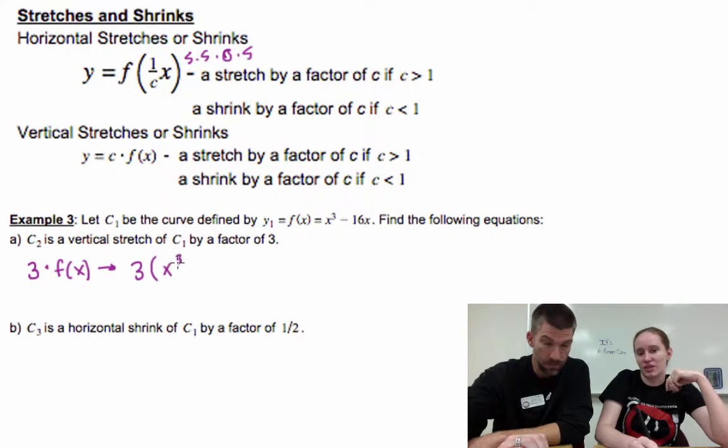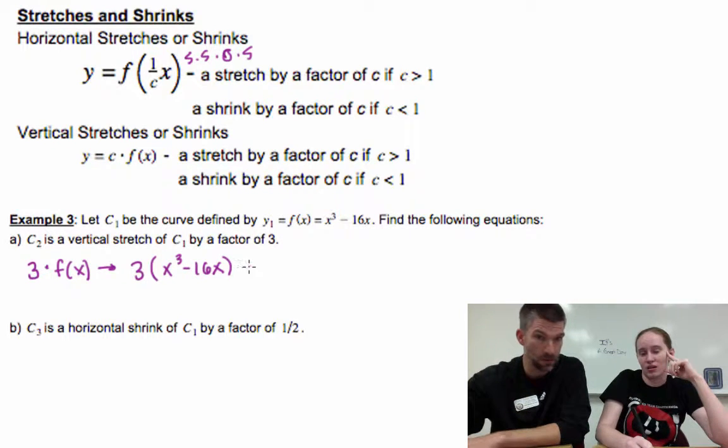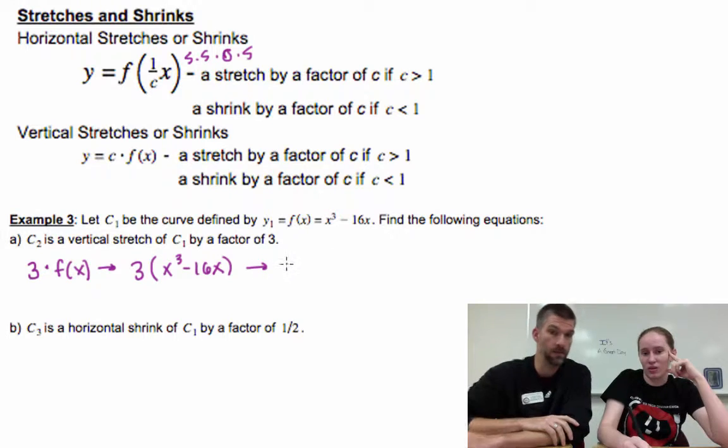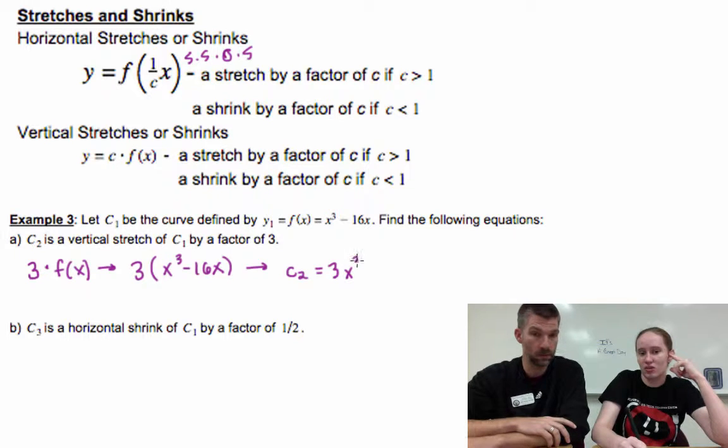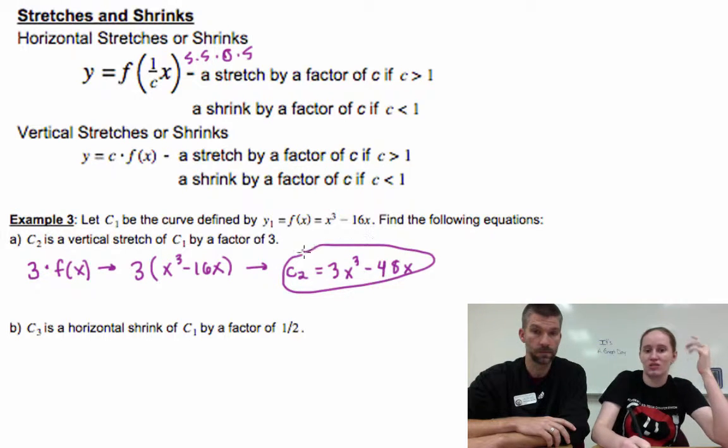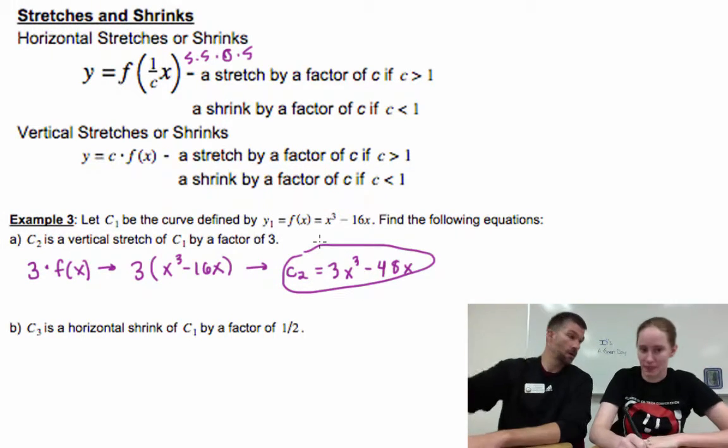Well, f of x equals x cubed minus 16x. Now you just distribute and multiply. We'll call this C2, because they called it C2, and so that's 3x cubed minus 48x. That is our graph with a vertical stretch of 3. See, that wasn't hard.